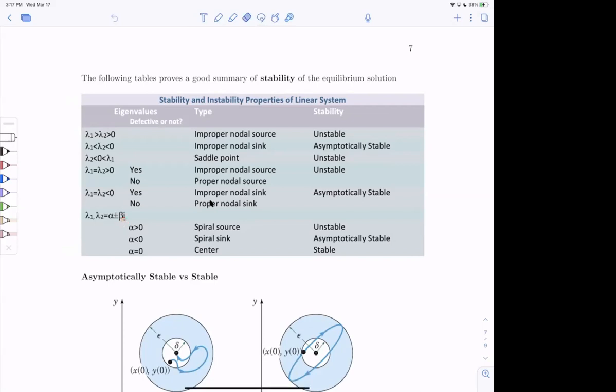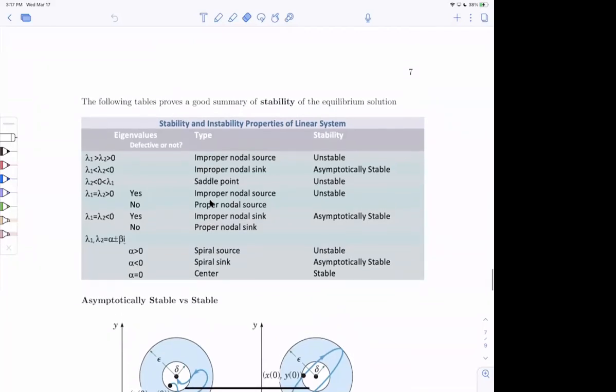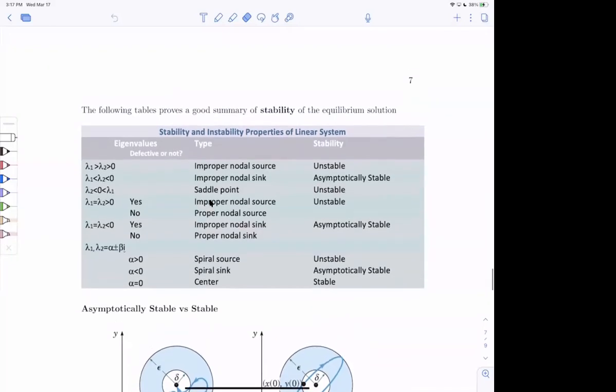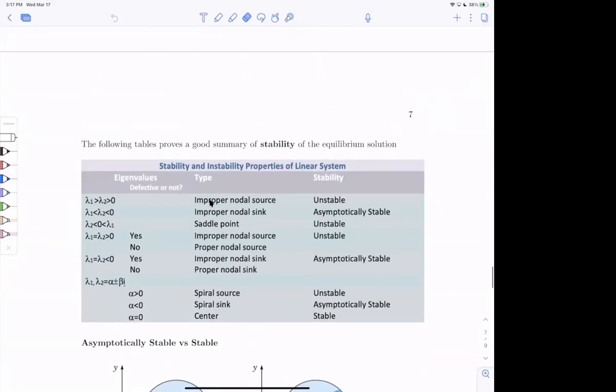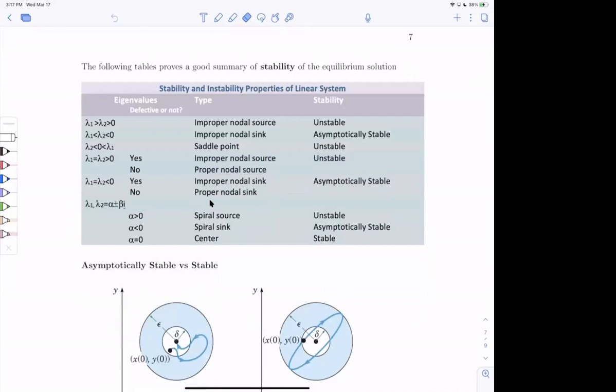So with this chart, it should give you all the answers already. I checked your textbook, and they don't have that. So basically, what you need to do is find the eigenvalue and fit it into one of the categories.